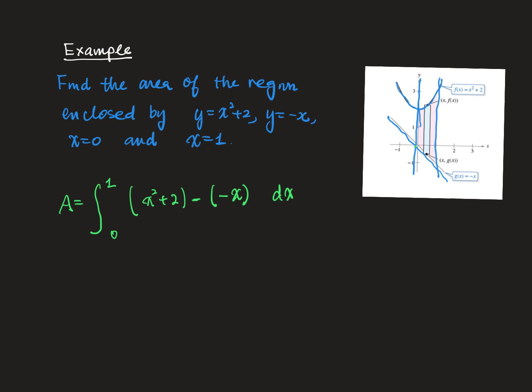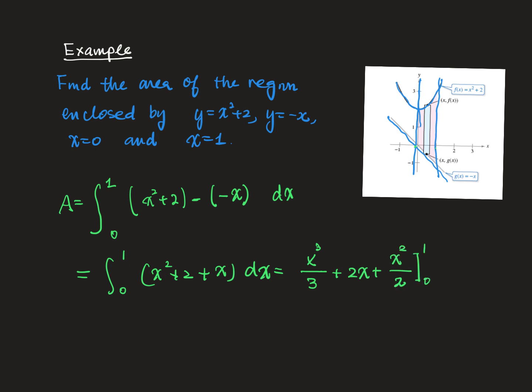So this one is the integral from 0 to 1 of x squared plus 2 plus x dx. What is the antiderivative of x squared? Here, x cubed over 3, since 2 plus 1 is 3. Plus 2x plus x squared over 2, from 0 to 1.